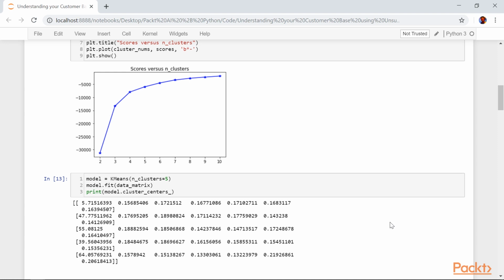Because k-means computes the distance or the error of the clustering based on Euclidean distance of all of the dimensions, it means that dimensions that are larger than other dimensions, that is, they have a larger range of values, are going to be the most important to the k-means clustering algorithm.